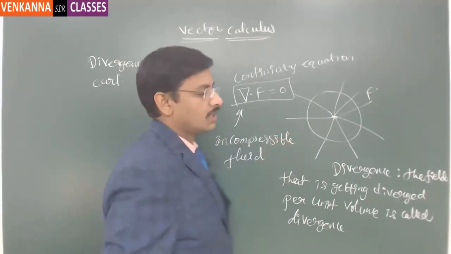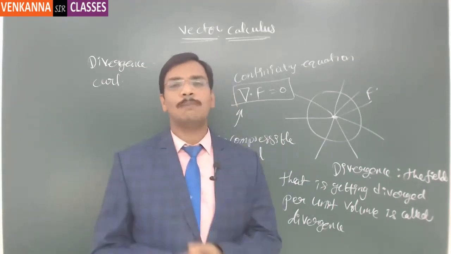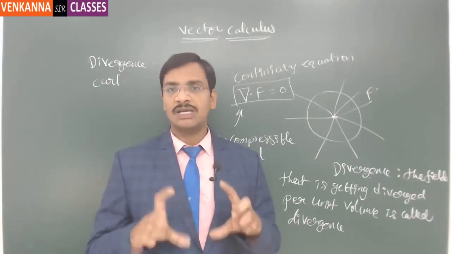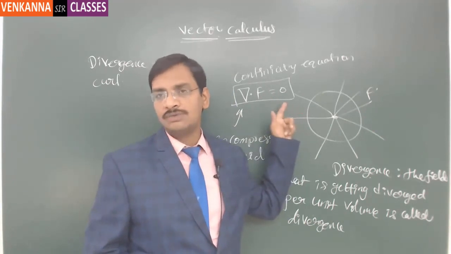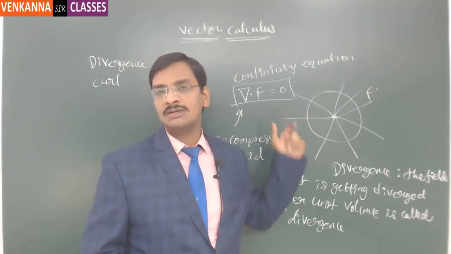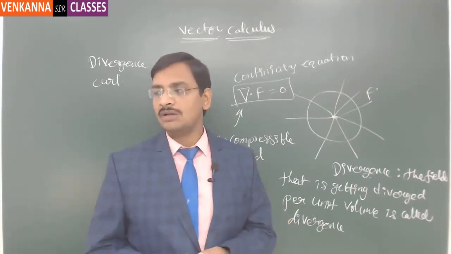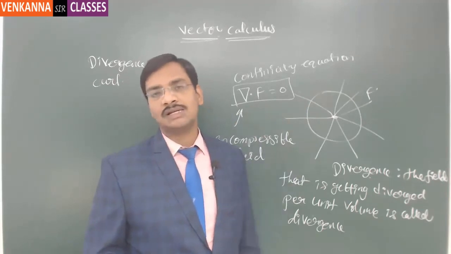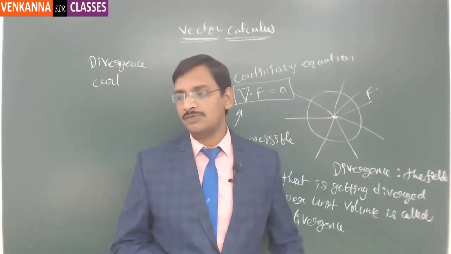That means you cannot compress it. So, if you are not able to compress or expand the water, then the continuity equation has to be satisfied as del dot F equal to 0. No compression, no expansion. Hence, there is no extra generation or extra inhalation of the water there. So, that's what we call the continuity equation, given as del dot F equal to 0, which is nothing but the divergence of the function F being 0.